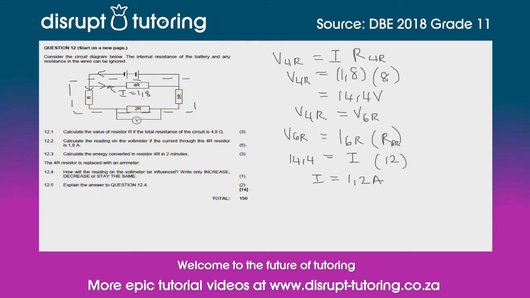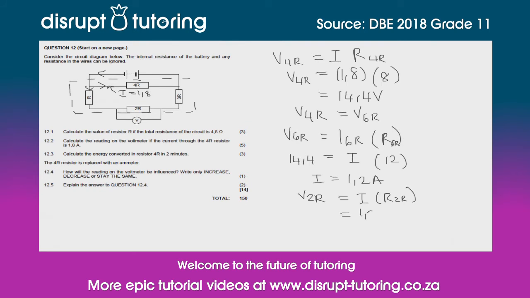So now we know that the current flowing through this section is 1.2 amps, which means it's going to be the same current that is flowing through just the 2R resistor, and that's where the voltage is over that we need. So the voltage across the 2R resistor, which is the voltage we need, is equal to the current, which is 1.2, times the resistance of the 2R.